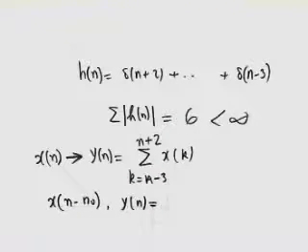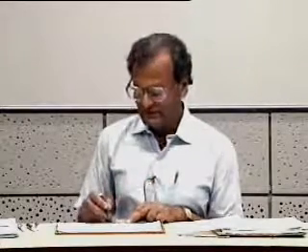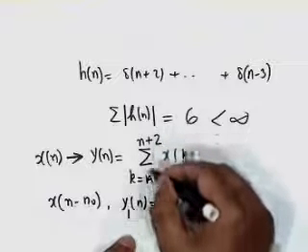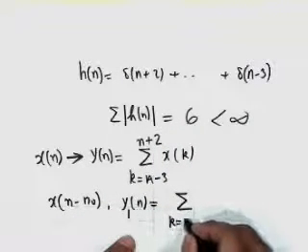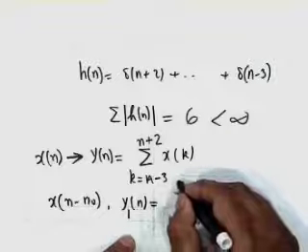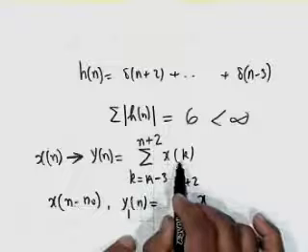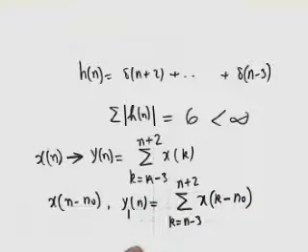That is not correct. It is not correct to write here n minus n0. The summation limits are independent of what you apply. So the summation is k equal to n minus 3 to n plus 2. What should have changed is, instead of x of k, it should have changed to x of k minus n0.